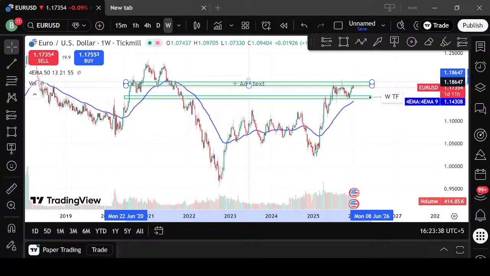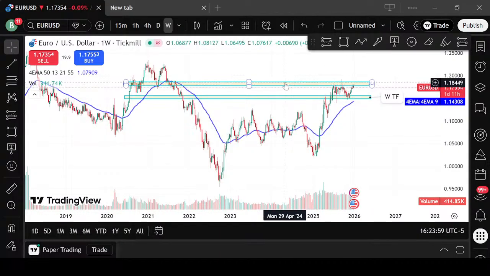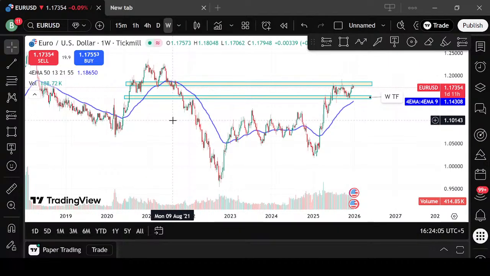Okay, yeah. Now it is clear. You can clearly see that the price touched here and then around about there and it bounced back from here, first bounce back, second, third, and then fourth, fifth, sixth, and seventh. So 7 times price touched that resistance and then fell back to the support.